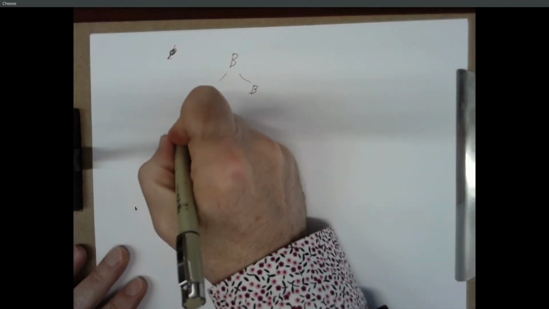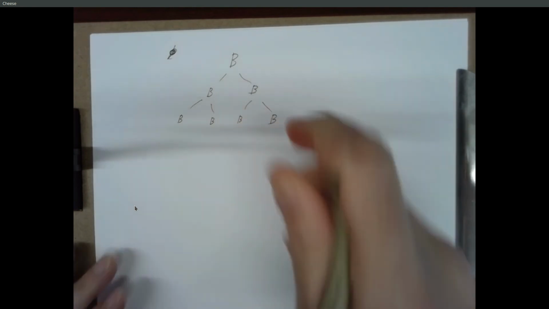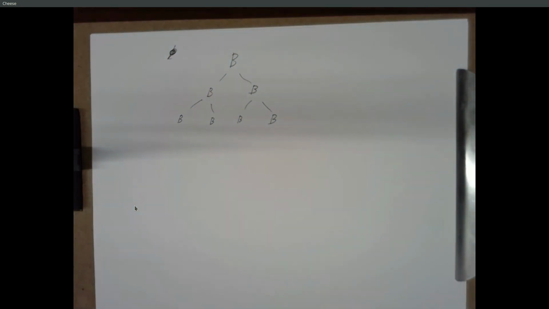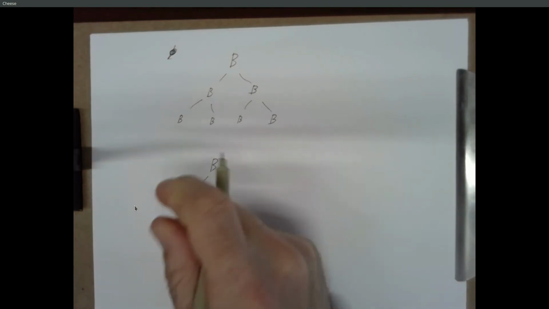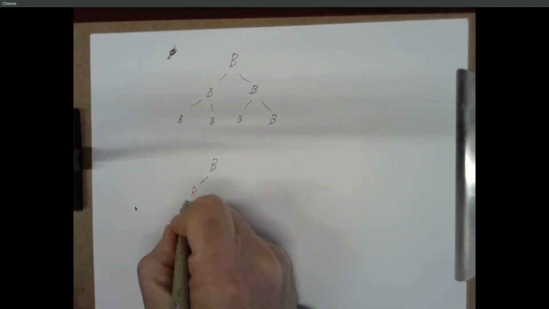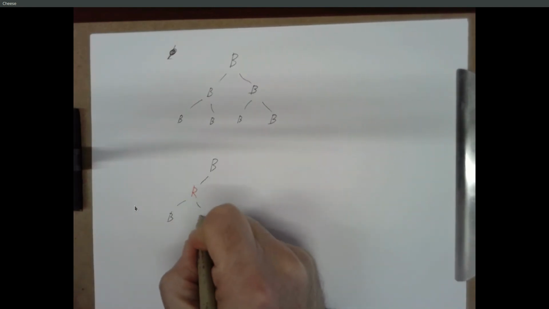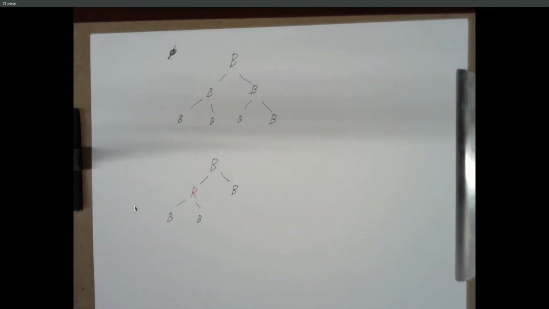I can add more nodes like this, and that's still a red-black tree. This is also a red-black tree.